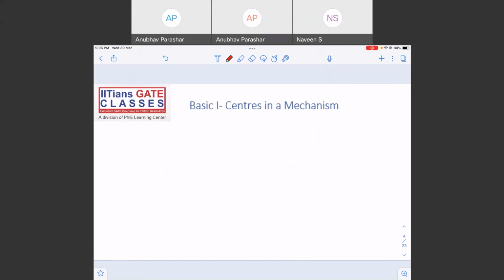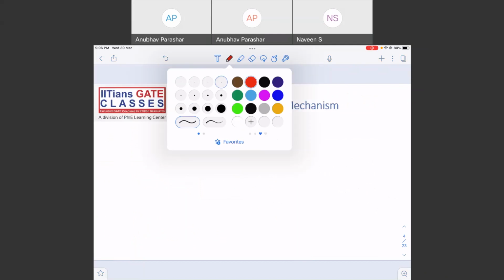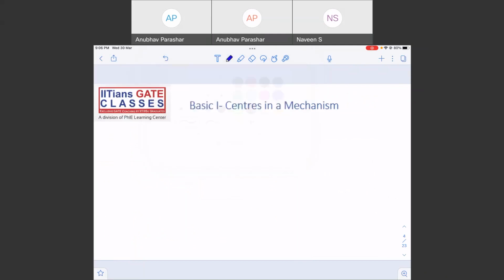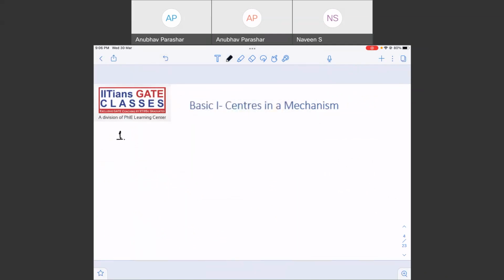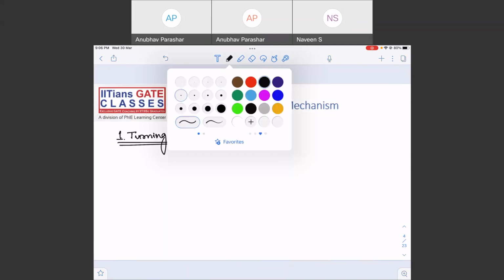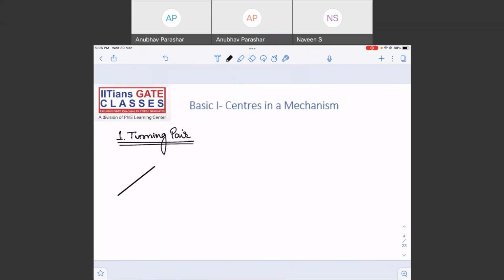Okay, so let us try to find out basic I centers in a mechanism. Basic I centers means, suppose there are two links. If you consider any two links, what will be the I centers? First, let me start with a turning pair. All of us know about a turning pair. This is a link, and this is another link. Both of them are joined here.